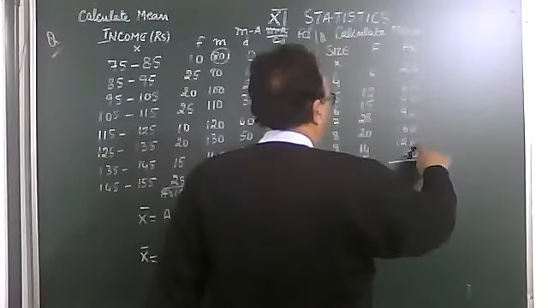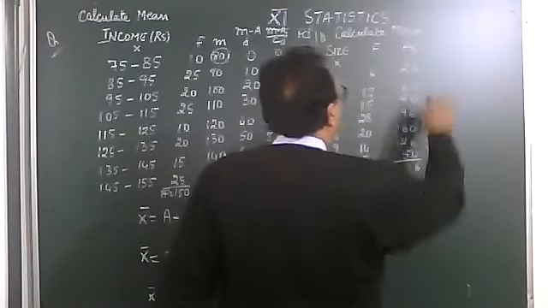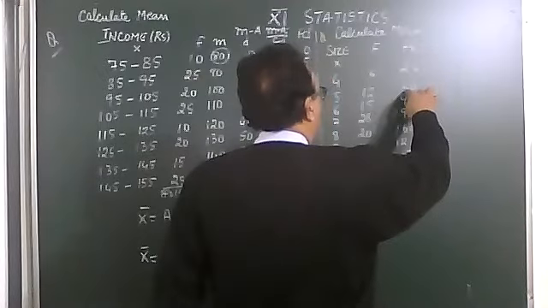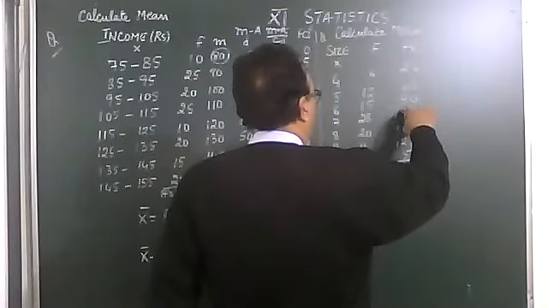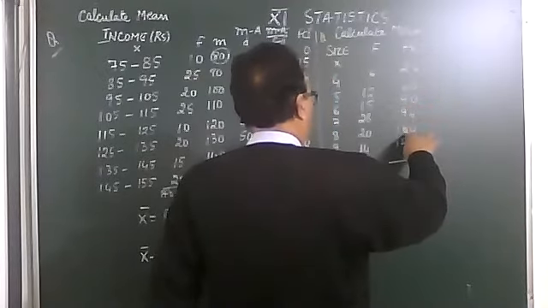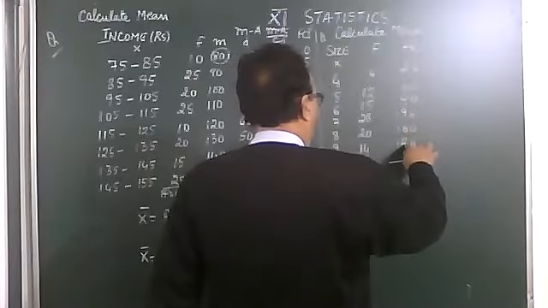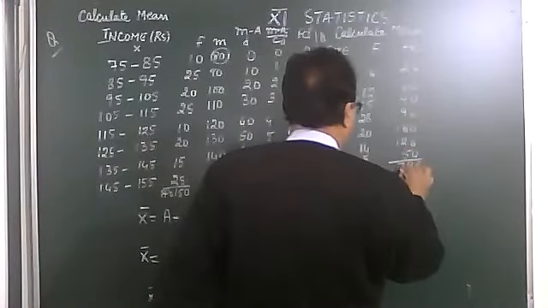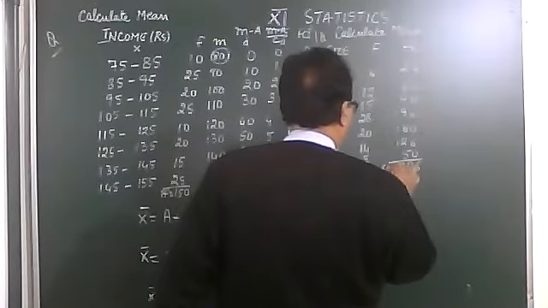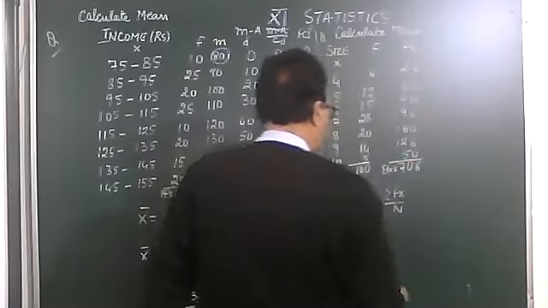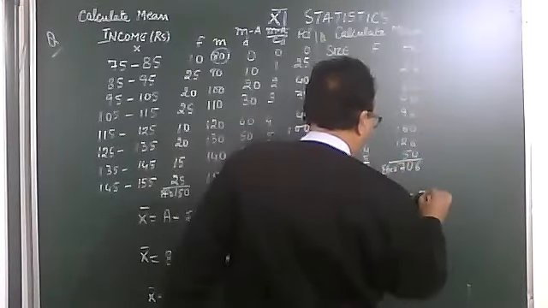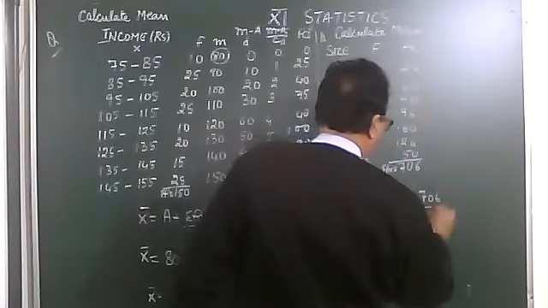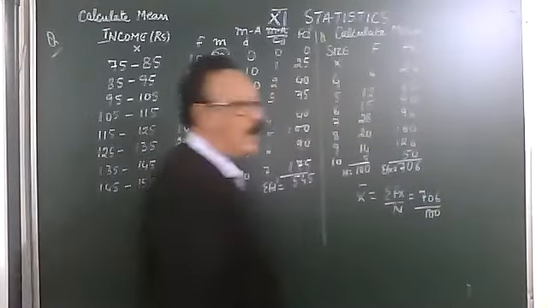Adding up the fx values, this is sigma fx, 706. Substituting the values, 706 upon 100.